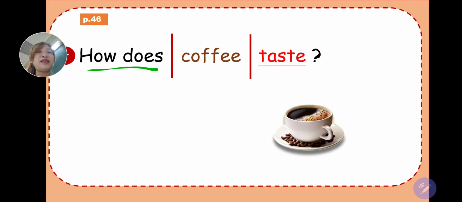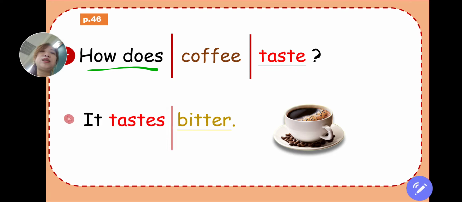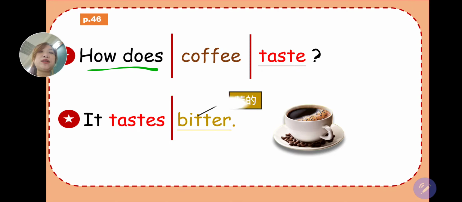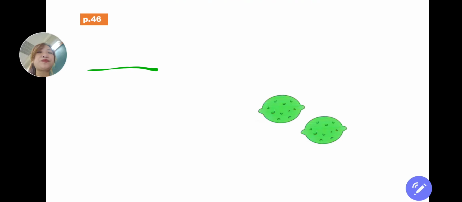How does coffee taste? 好，单数型问，单数型回 it tastes bitter. It tastes bitter. Do you know what is bitter? Bitter 就是苦苦的 bitter. Okay? So let's move on to next part. Ooh, can you see how many lemons there? 1, 2.